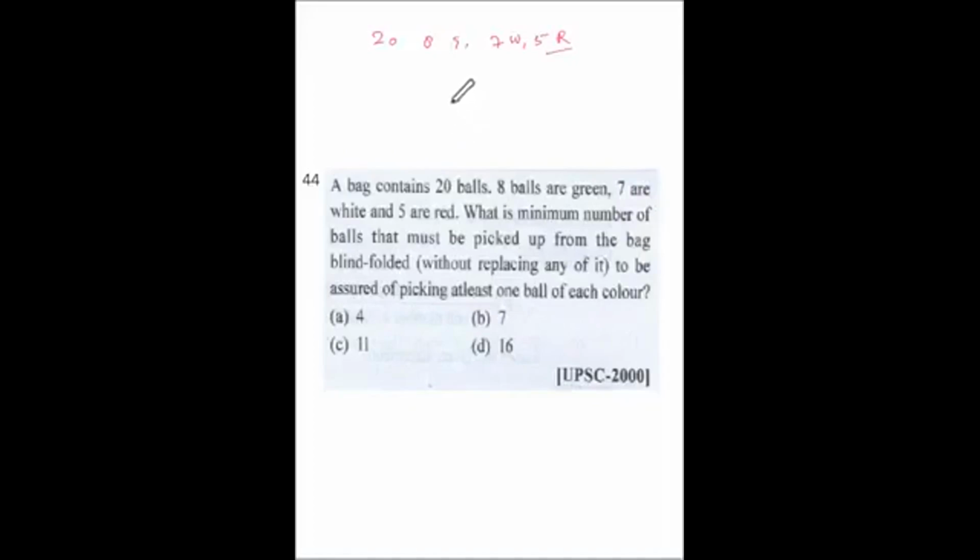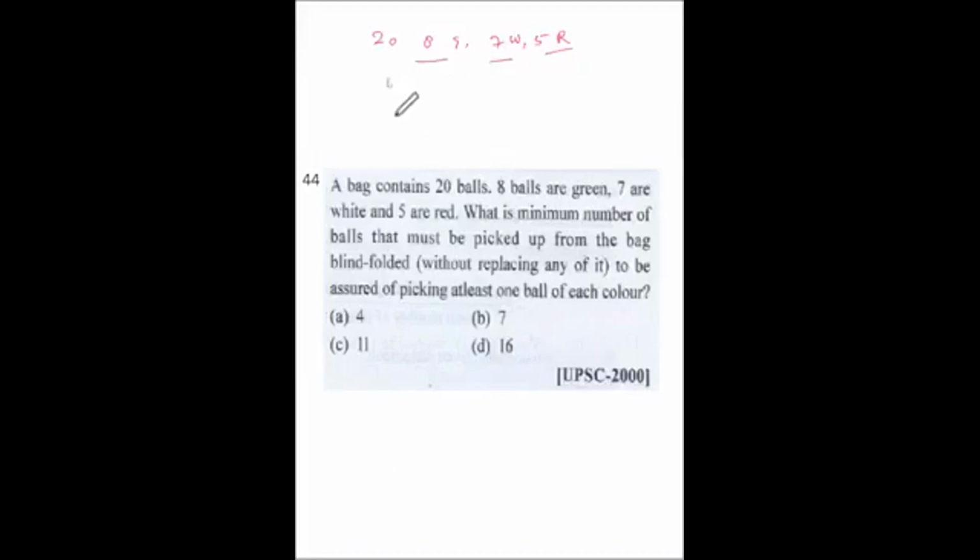So here 8 are green and 7 are white. So if we take all of them, because we are blindfolded, we have to take the maximum. If we make another combination, say 7 and 5, it won't help us because the 5 may all be green, and then if we take the next, it may come green again.